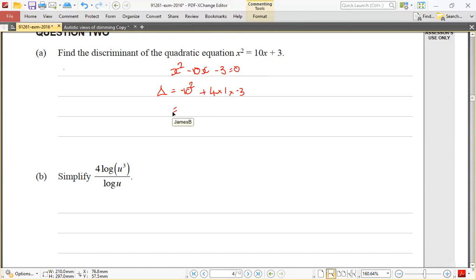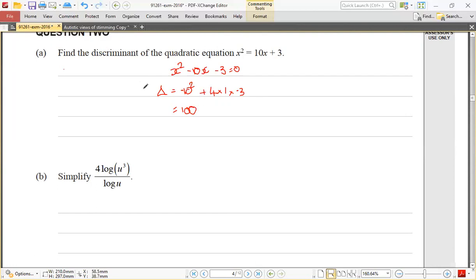So it should be 100. No, because it's minus 4ac. So what's the answer if you stick all that in the calculator? Negative 112? No, no, the problem is this 100 is 100.